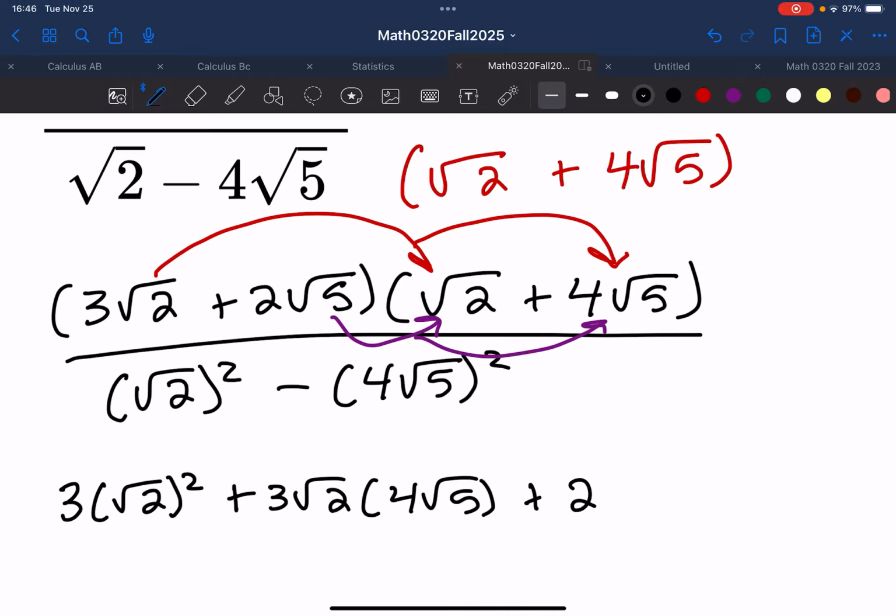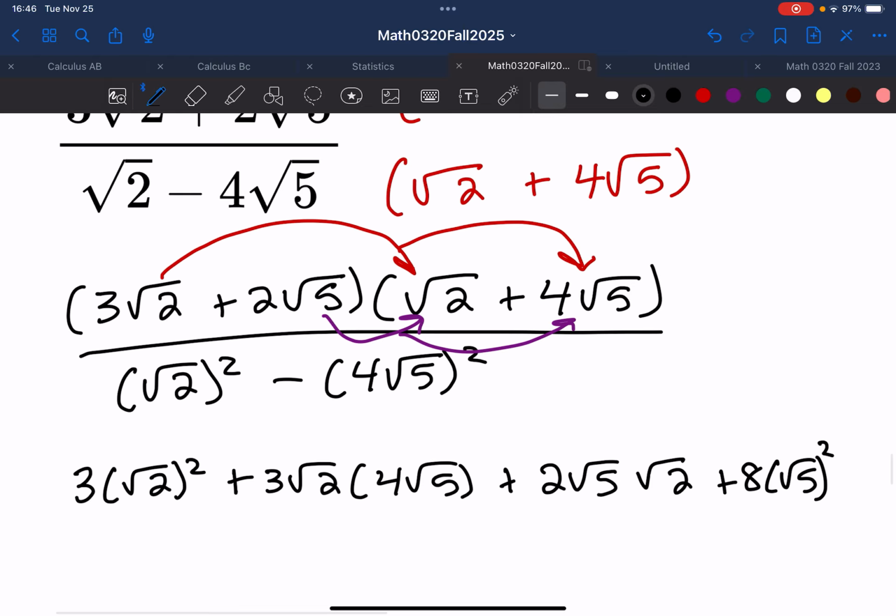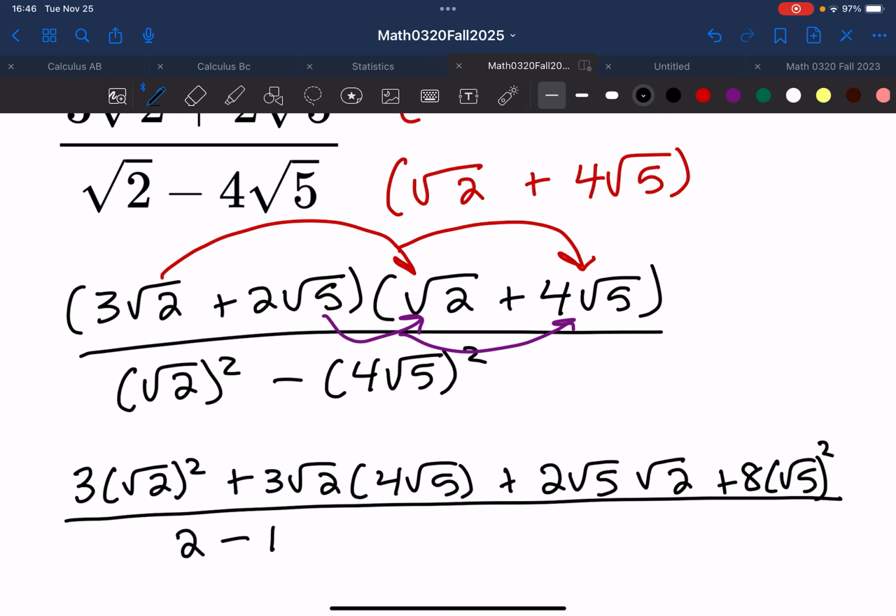So plus 2 square roots of 5 square roots of 2. And then lastly, I have 2 square roots of 5 times 4 square roots of 5. So this is going to become 8, because 2 times 4 is 8, times the square root of 5 squared. Okay, all over 2 minus 16 times 5.